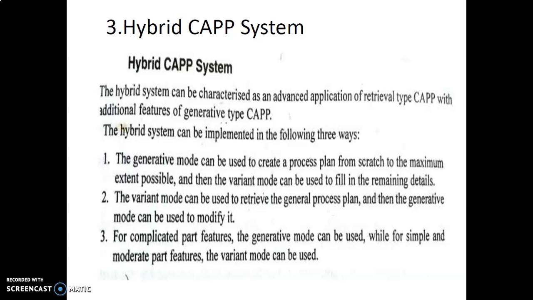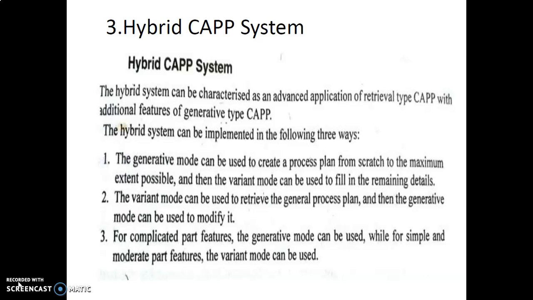The generative mode can be used to create a process plan from scratch to the maximum extent possible, and then the variant mode can be used to fill in the remaining details.